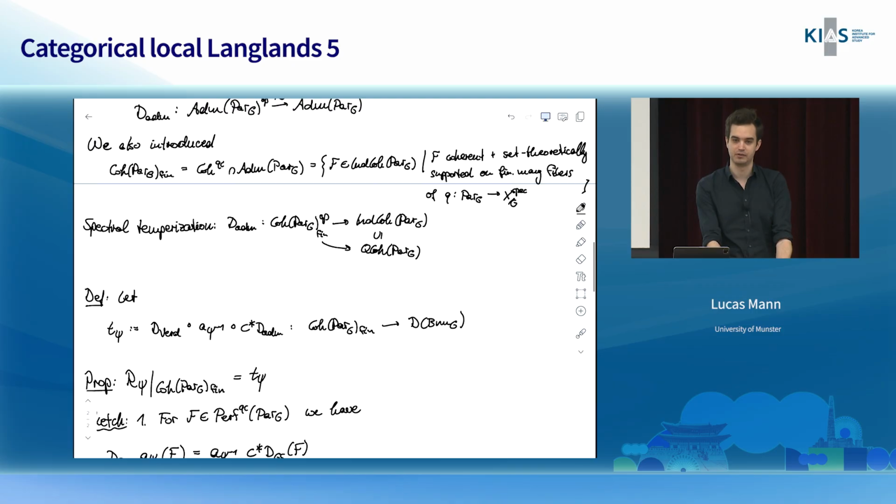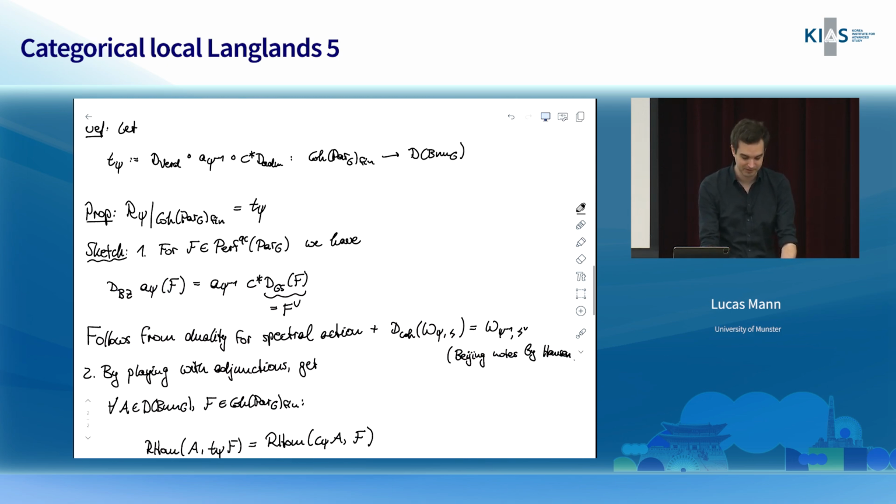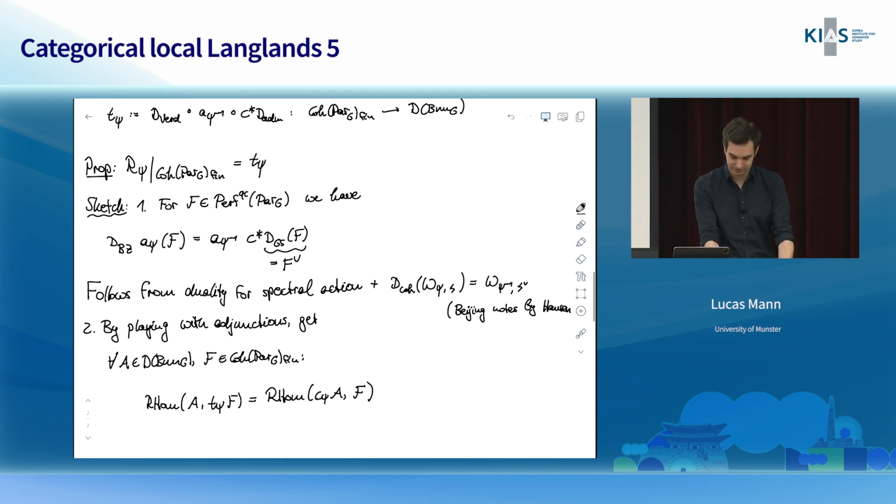This is just some internal hom, so you can pull that to the other side, switch around, and then you just start playing with these formulas. And I will not go into the details, so if you want to see that, I will refer you to theorem 5.6.3. So have fun if you like.